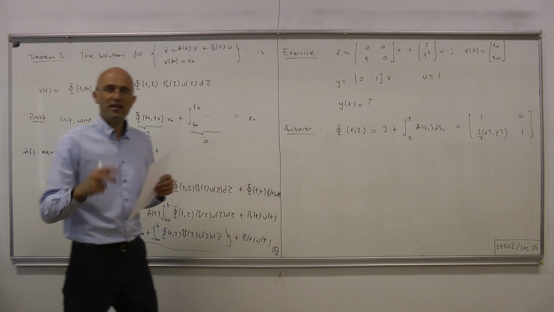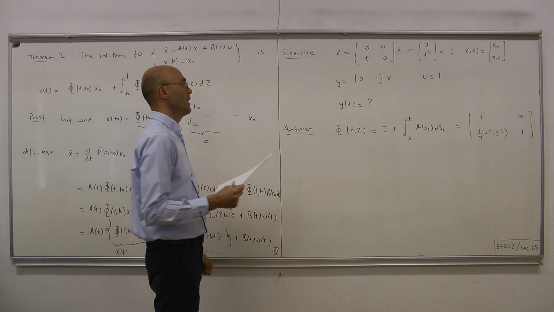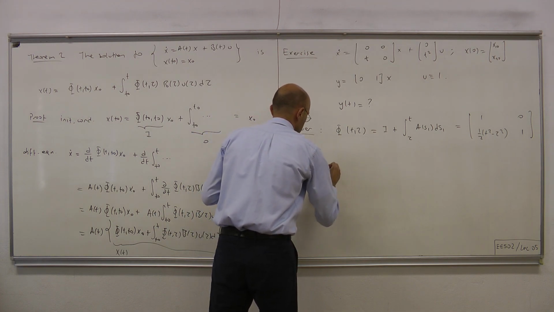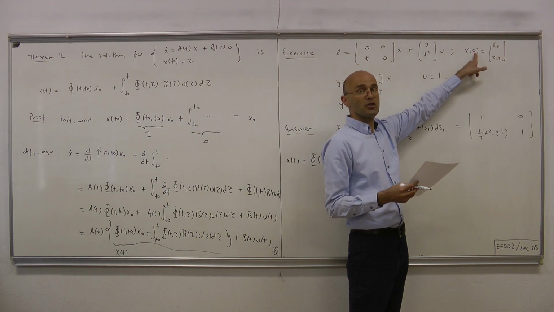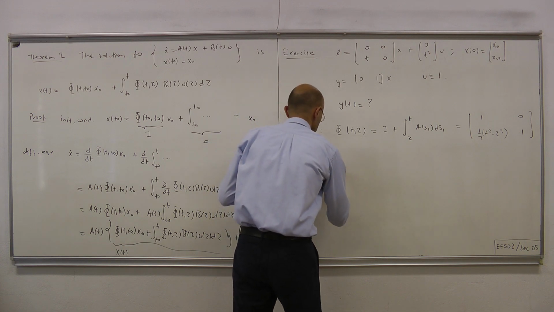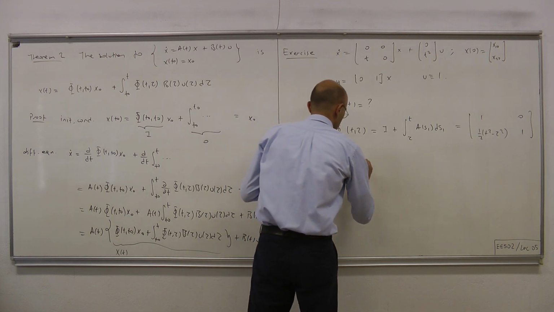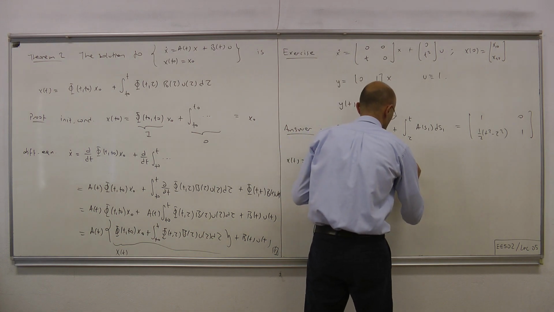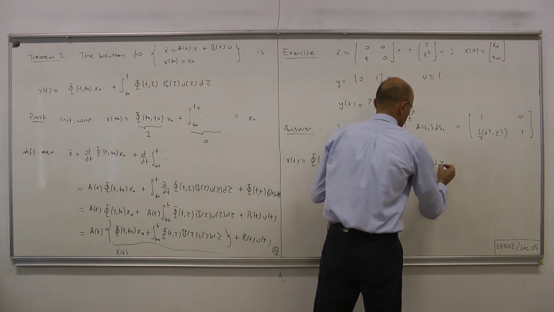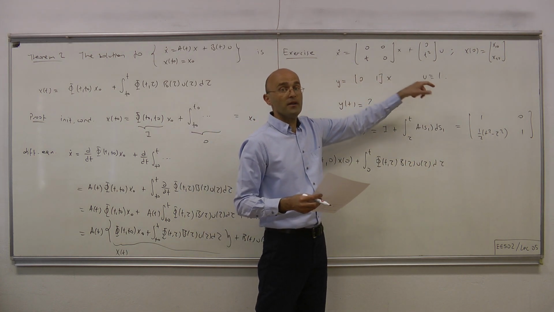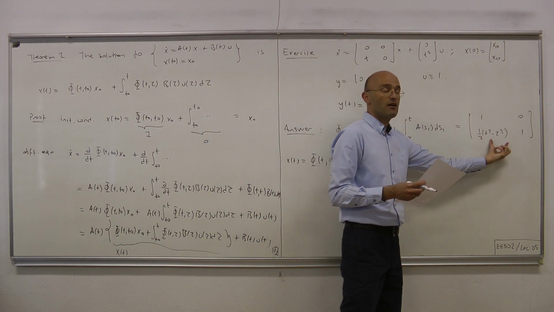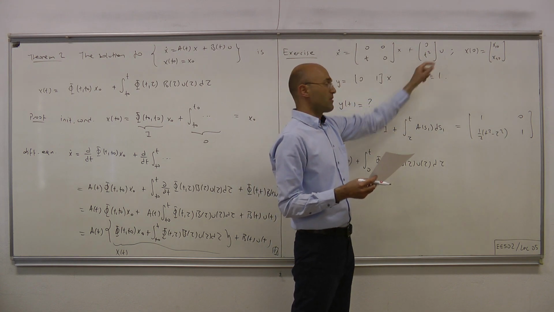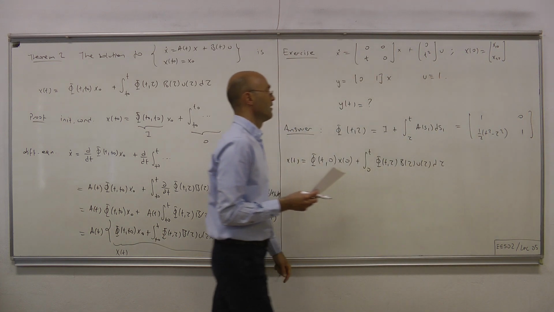Once we have the state transition matrix, using our theorem 2, we can write down the solution x of t equals phi of t, t0, and in this case t0, the initial time, is 0, times x0, plus the integral from 0 to t of phi of t, tau, B of tau, u of tau. And u of tau is 1, so plug phi of t, tau here, multiply with B, and since B chooses the second column, the second column of the state transition matrix is very simple.